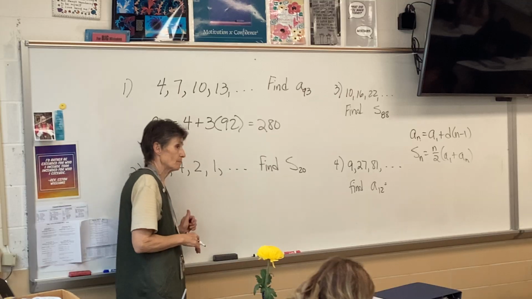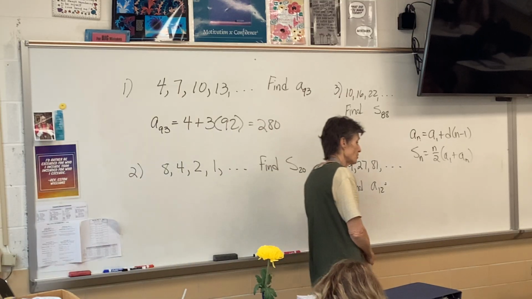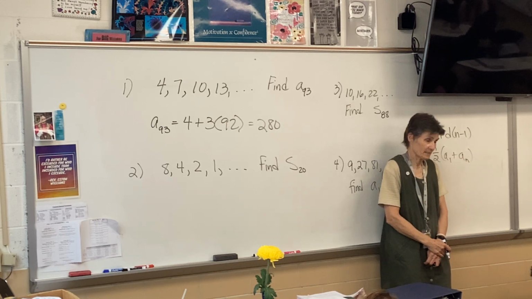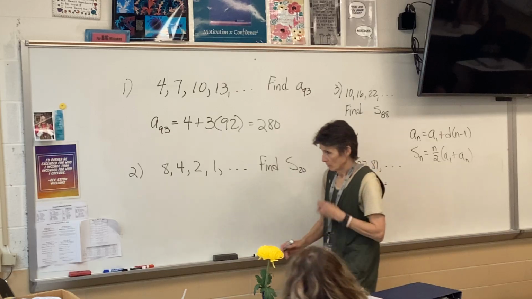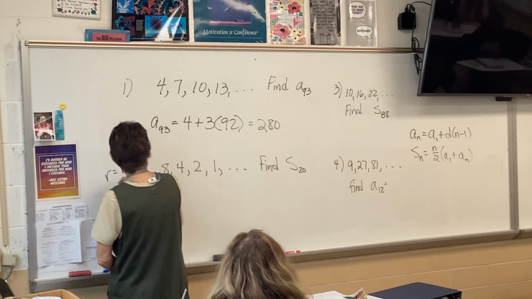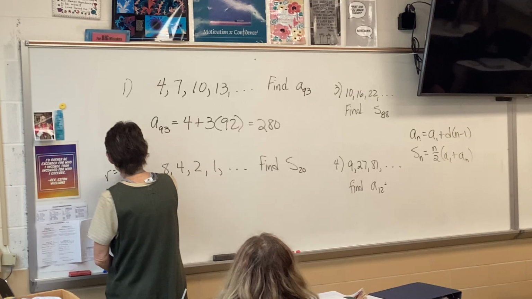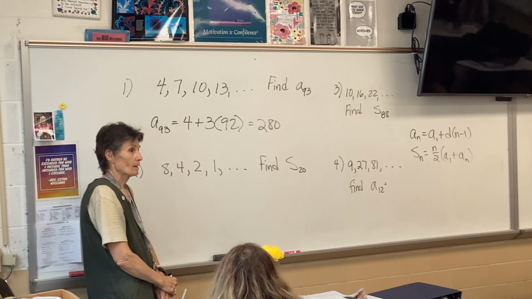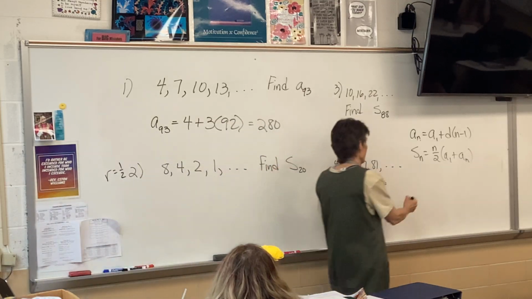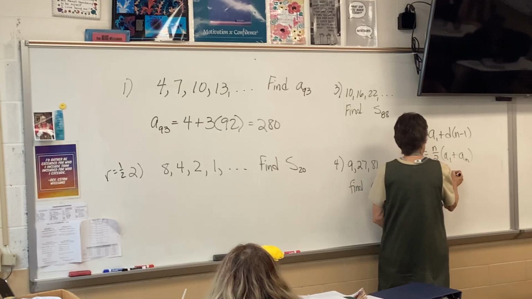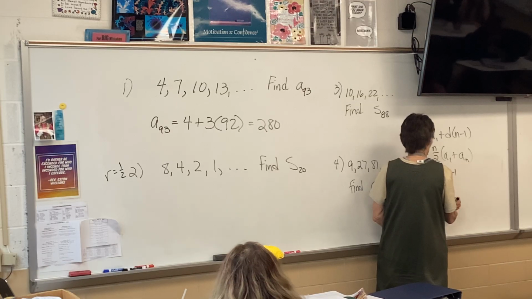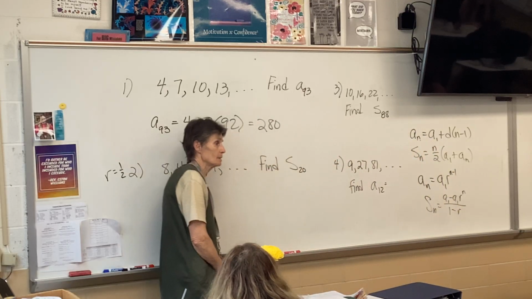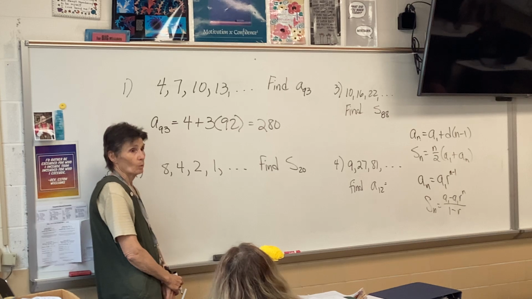All right, let's look at this one. First thing you ask yourself is, arithmetic or geometric? What is this one? Geometric, with a ratio of 1/2. Aren't we multiplying by a half? All right, so your geometric formulas are these, and we have to figure out which one to use.